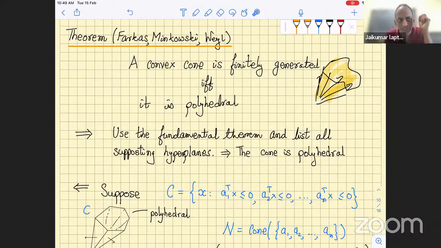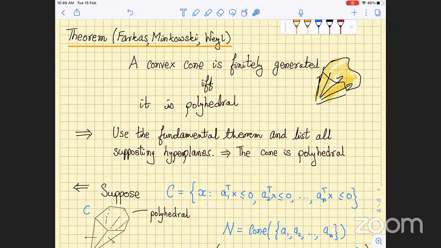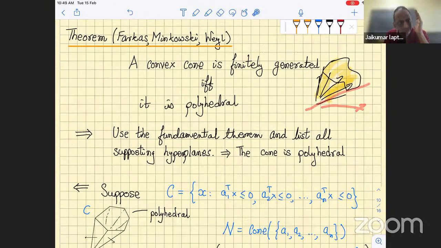What does the fundamental theorem of inequalities tell us? It tells us that for every point which is not in the cone, there is a hyperplane which separates them. We could take the set of all such hyperplanes and take the intersection of them.